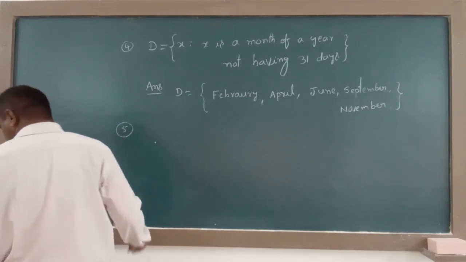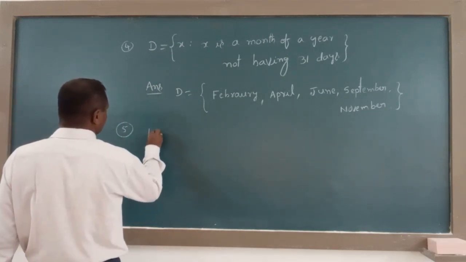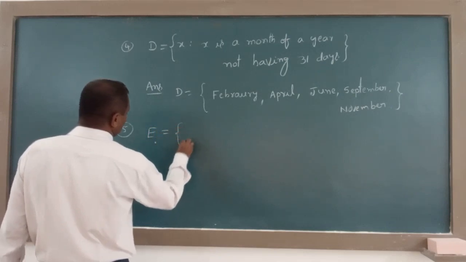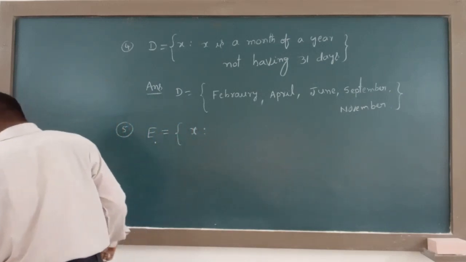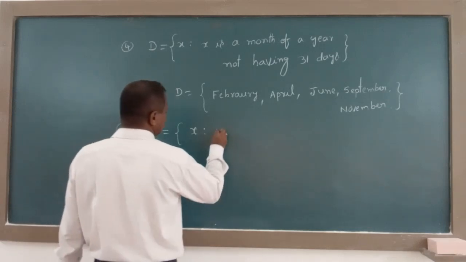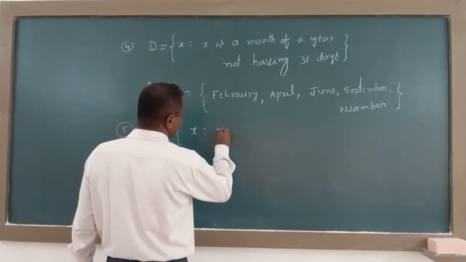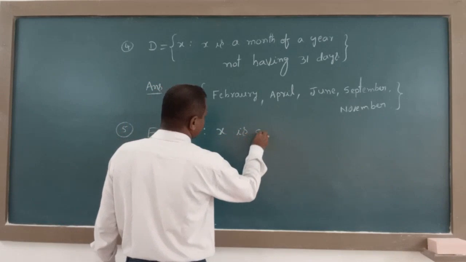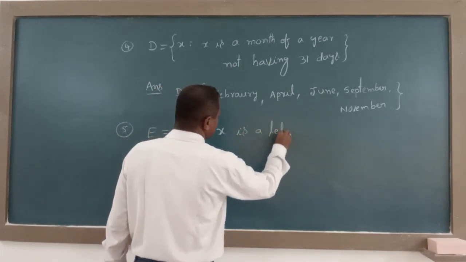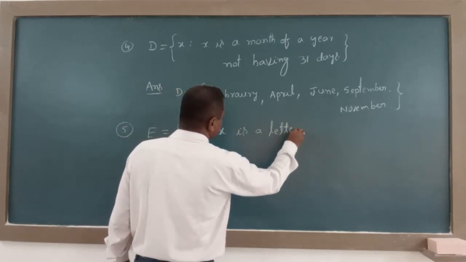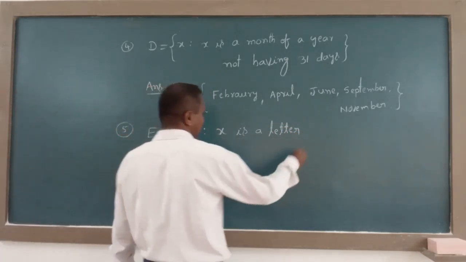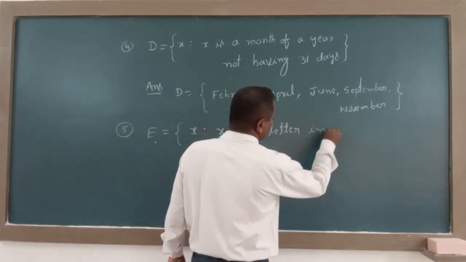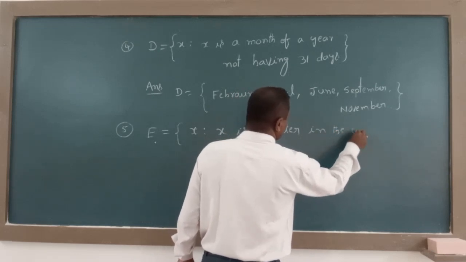E is equal to the set of X such that X is a letter in the word loyal.